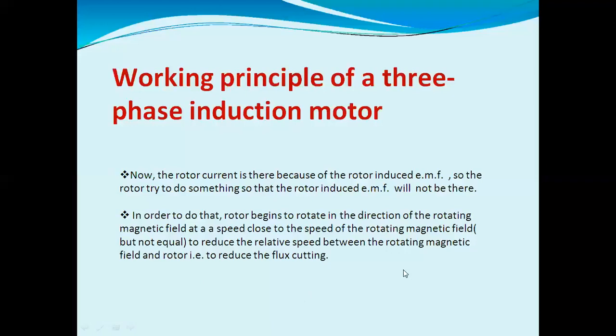One is the speed of the rotating magnetic field, which is also known as synchronous speed, N suffix s, and another is the speed of the rotor, N suffix r. And it is clear from the discussion that the synchronous speed Ns is always greater than the rotor speed Nr for a three-phase induction motor.